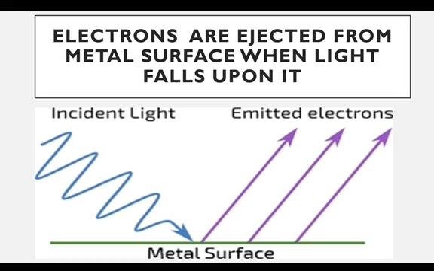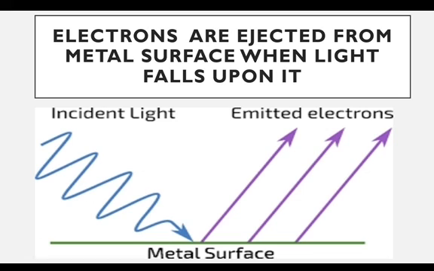Now, this observation was made by scientists a very, very long time ago, but it was Albert Einstein who successfully explained it. What Einstein did was explain the photoelectric effect by using Planck's quantum theory of radiation, which was discussed in the earlier class.